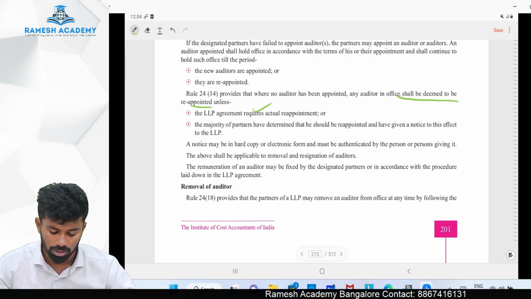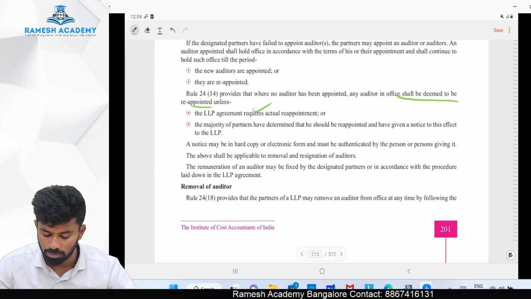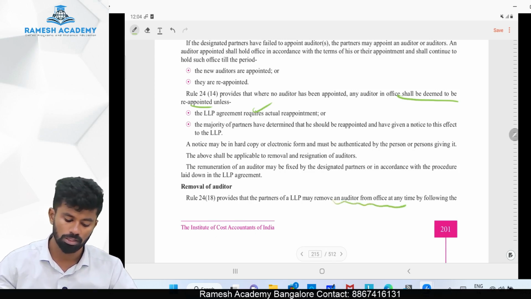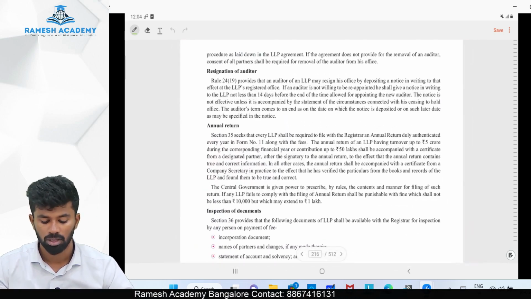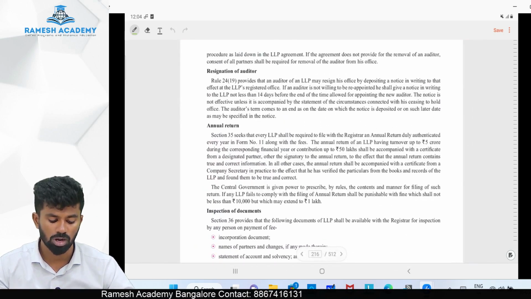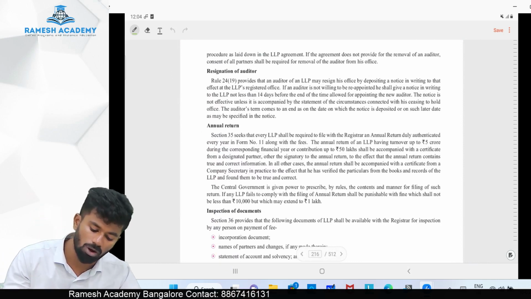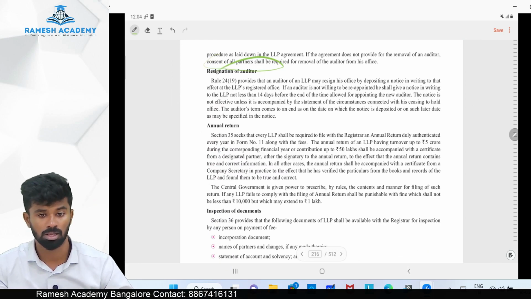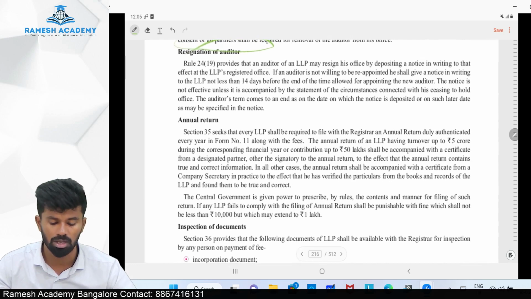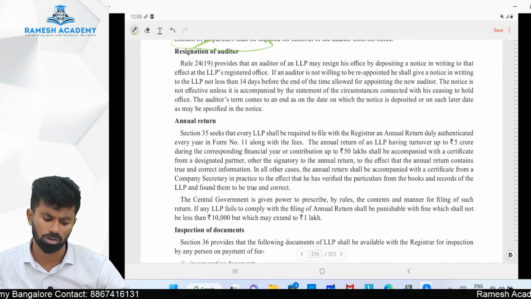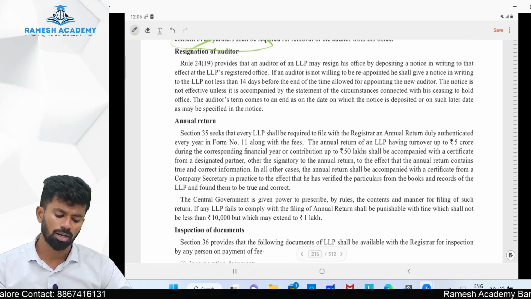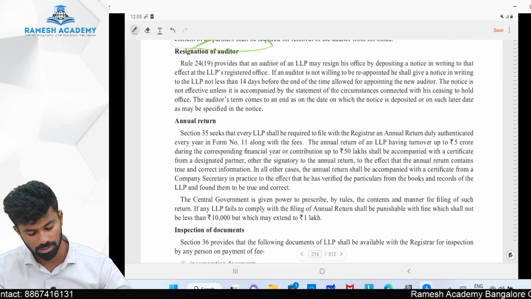Removal of auditor. LLP may remove an auditor from the office at any time following the procedure laid down in the LLP agreement. If the LLP agreement does not provide, then the consent of all partners is required. Remember this, wherever the LLP agreement is silent, then that has to be done only with the consent of all the partners. Can the auditor of an LLP resign? Yes.